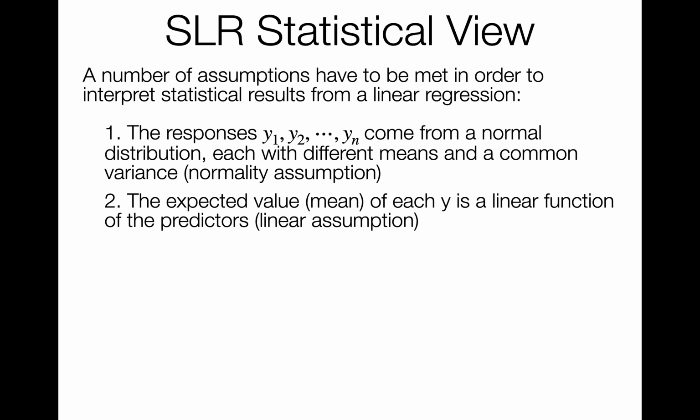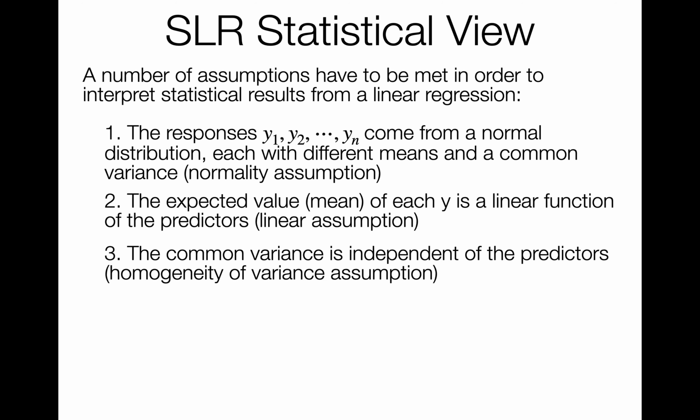The third one is that the variance is independent of the predictors. There's a common one and it doesn't change over time, and that's called homogeneity of variance. So if the errors are homogeneous, they're the same, and if they're heterogeneous, they're different.